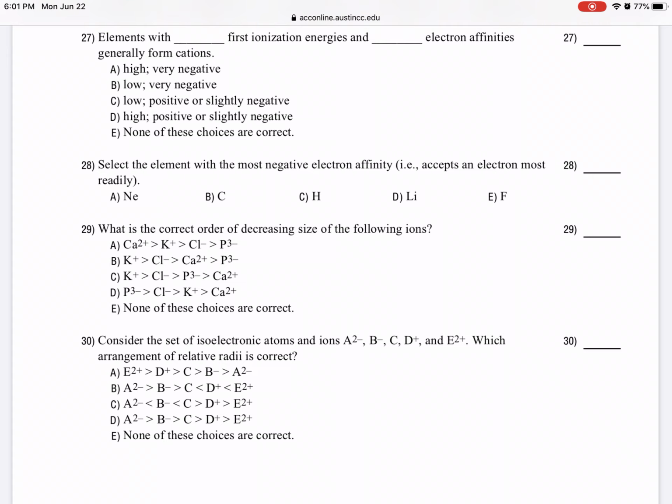P3 minus: the phosphorus atomic number is 15, and P3 minus has gained 3 electrons, so 15 plus 3, 18 electrons. Chloride, Cl minus: chlorine atomic number 17, gained an electron, so 18.